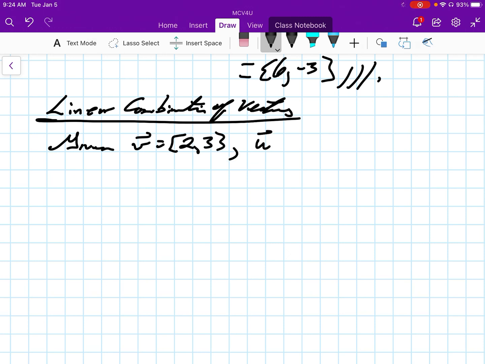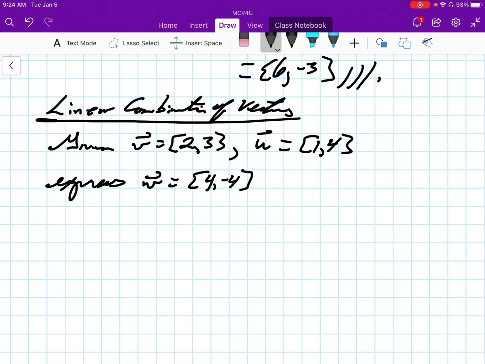We have another vector, and it's, let's say, (1, 4). Okay, we're given these two vectors. Let's express a third vector, we'll call it (4, -4), all right, as a linear combination of v and u.